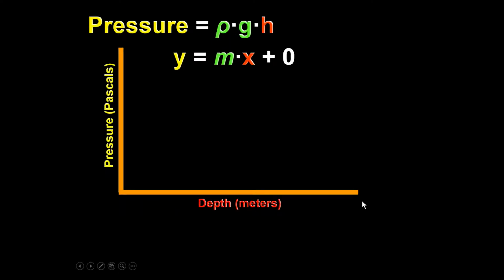So if we have depth on the x-axis and pressure on the y-axis, because those two things are constant, it is a straight line, which means if you go down 1 meter deep, you'll get an increase in pressure. If you go down 1 more meter, you'll get the same change in pressure or increase.